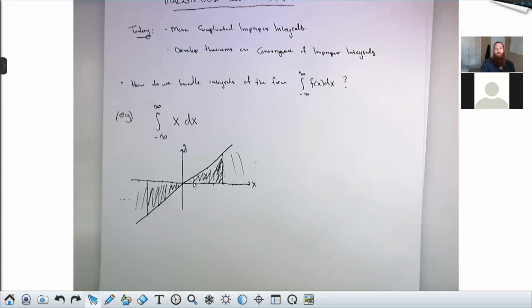If I was integrating just from -4 to 4, this would be 0, right? If I integrate from -10 to 10, this would be 0. If I integrate from -1,000,000 to 1,000,000, this would be 0. So show me with a thumbs up react if you think this integral should converge and have value 0.